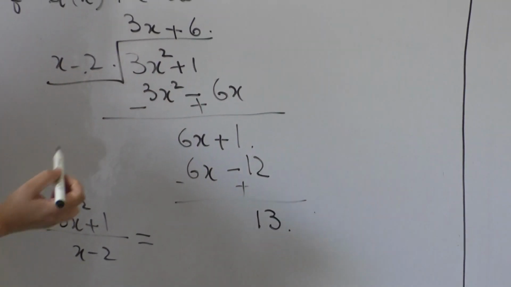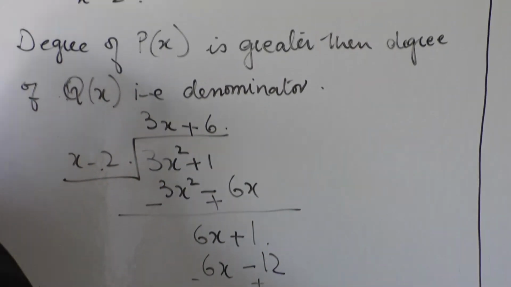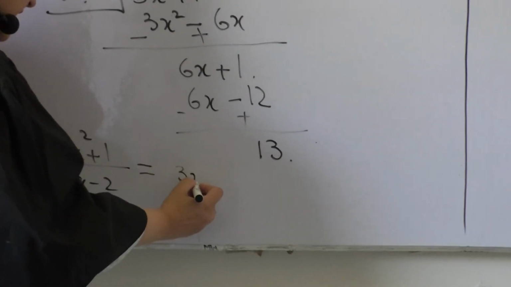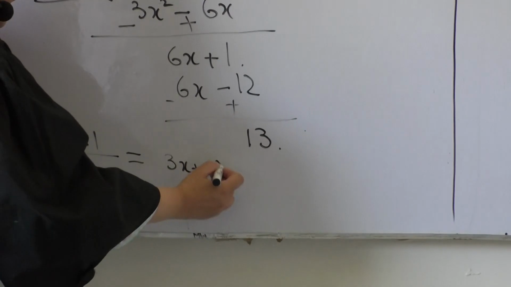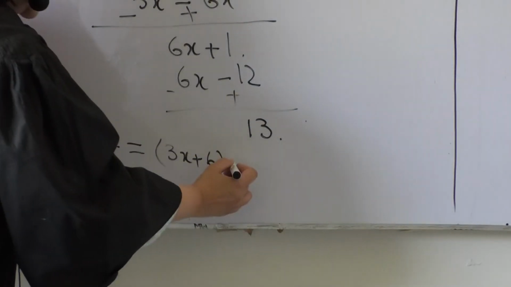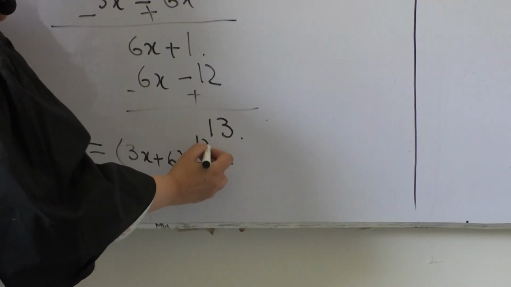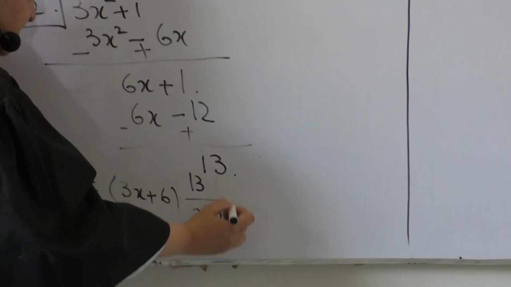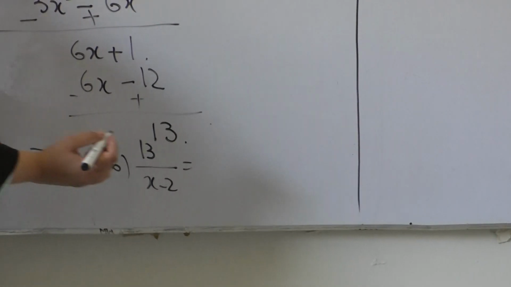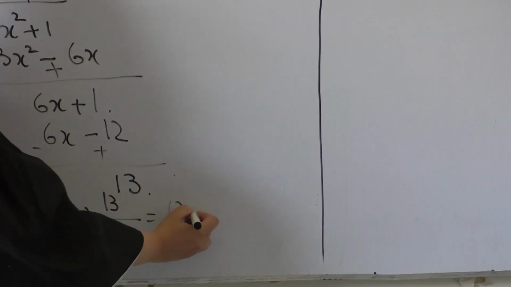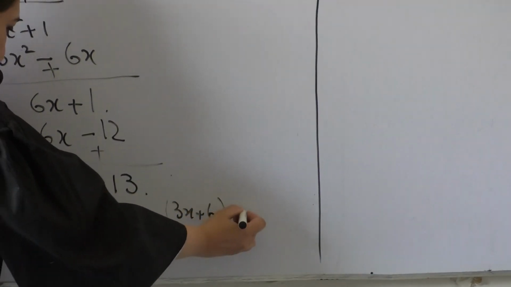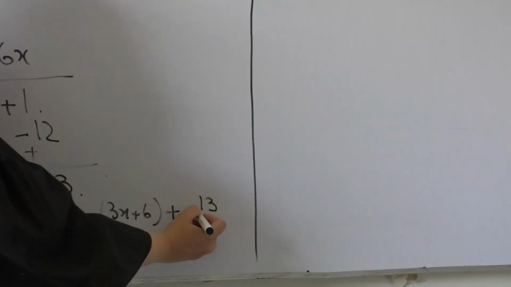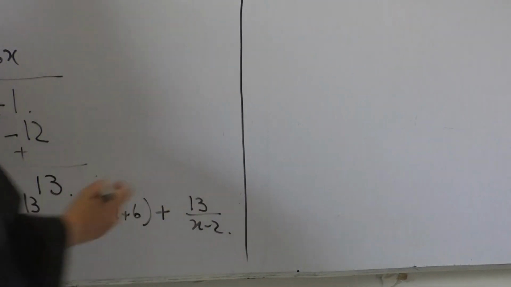Using remainder theorem, here quotient is 3x plus 6 and the remainder is 13 divided by x minus 2, which can be written as 3x plus 6 plus 13 divided by x minus 2.